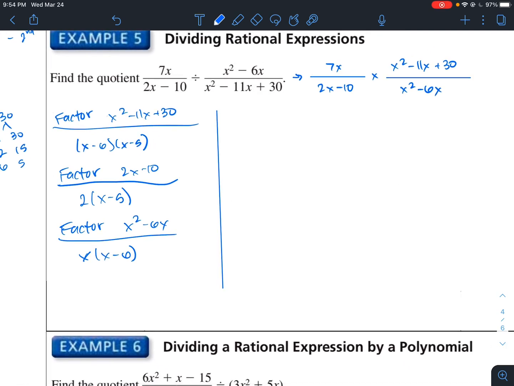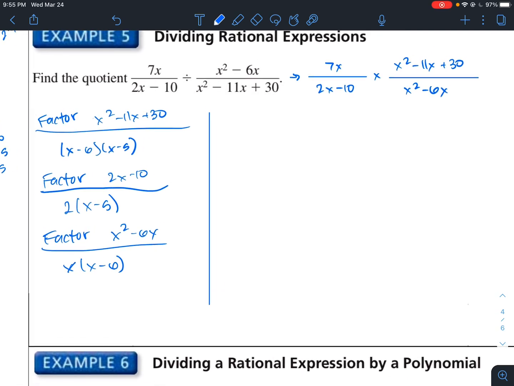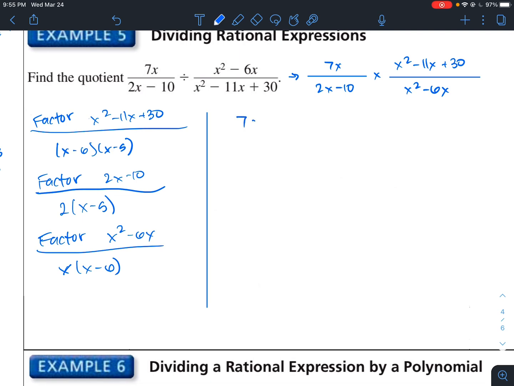So if I rewrite, I have 7 times x over 2 times x minus 5, times x minus 6 times x minus 5 over x times x minus 6.